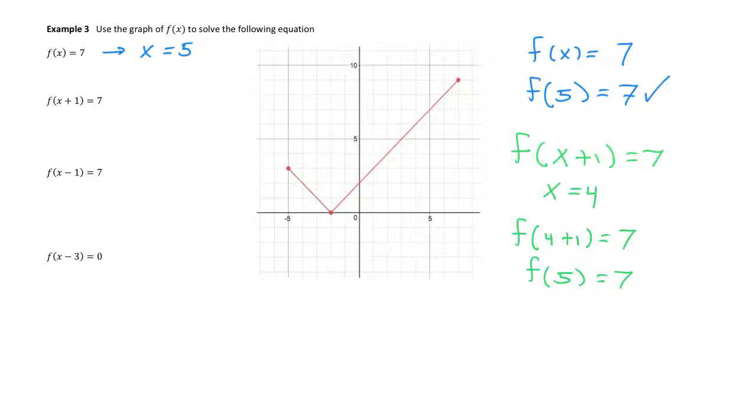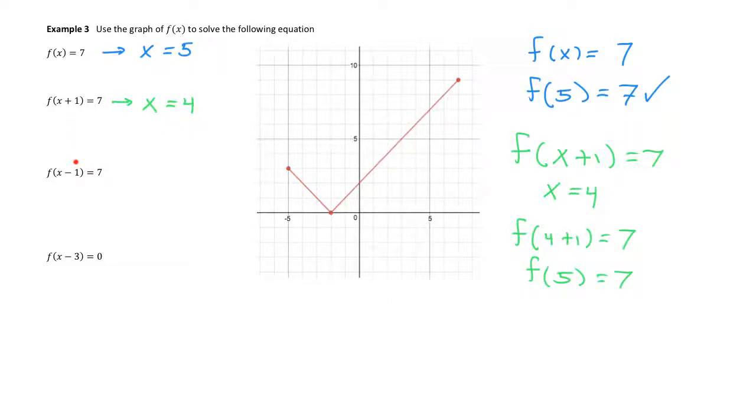So for the second one here, the answer is actually 4. It's weird. If you add 1 here, you actually have to subtract 1 to get the correct answer. So going up 1 here meant we're actually going down 1 here.